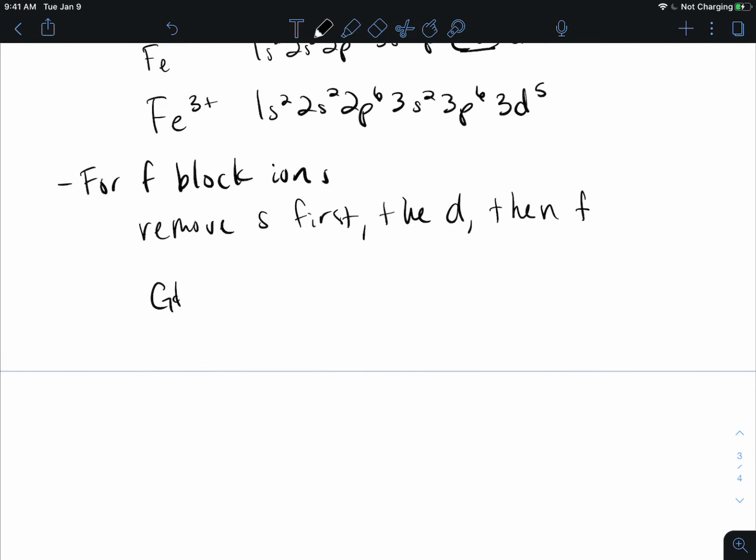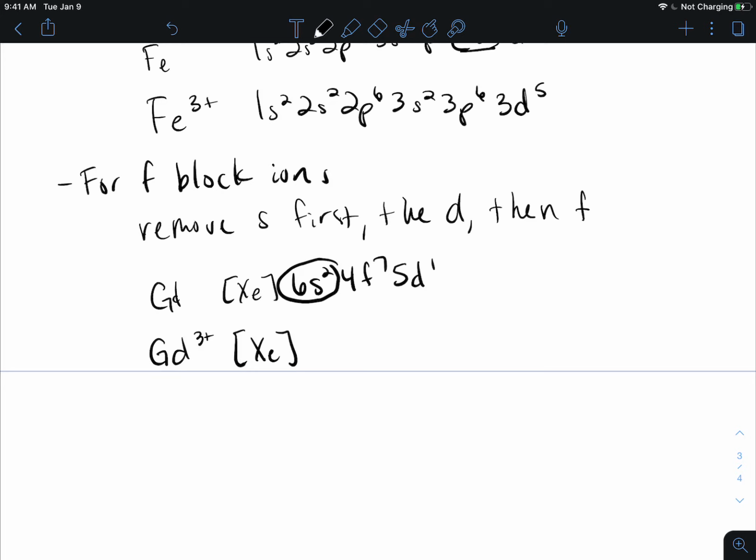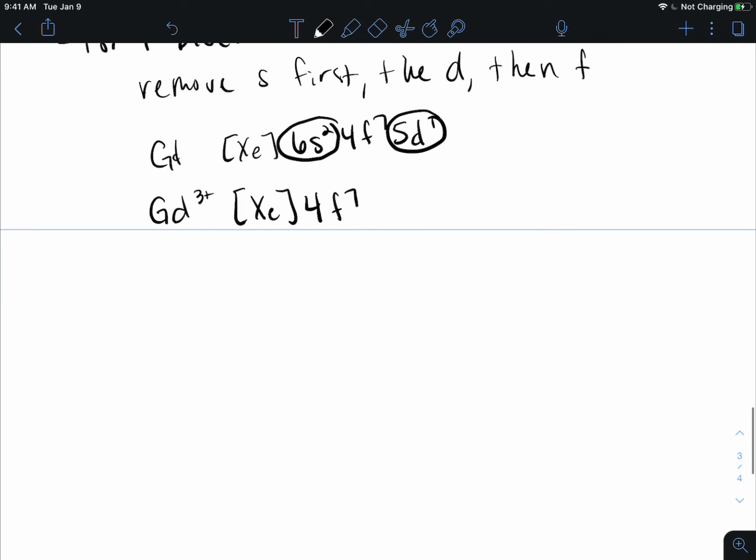Gadolinium is [Xe] 6s2 4f7 5d1, and gadolinium 3+, we're going to remove these electrons and this electron, so we'll just have 4f7. Pretty easy.